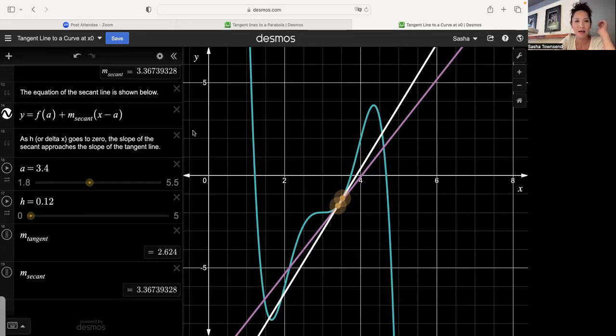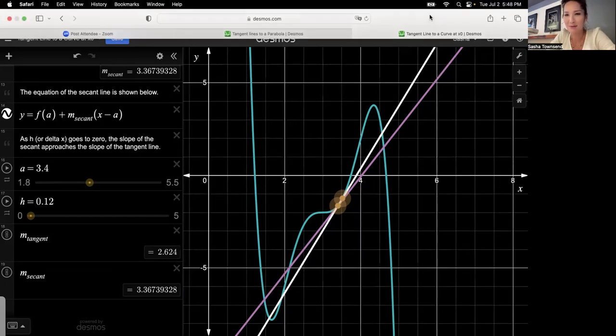But hopefully this visual helps you understand the idea. And if you're unsure, if you're saying, I'm not sure I believe that, make a table of values, convince yourself that for different values of h, and as those h values approach zero, the slope of the secant approaches the slope of the tangent. And for a particular example where you already know the answer, that's always a good way to go.